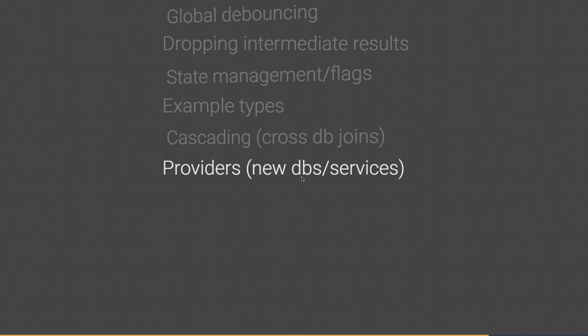If they expose some API, for example, your CRM or your billing system, and maybe you don't have access to the database, but they give you an API, build a Contexture provider for it. And then join across all these database boundaries. It doesn't matter what's inside of them. They could be relational, they could be document databases, whatever, and we'll make it all happen. And hopefully you guys will help.